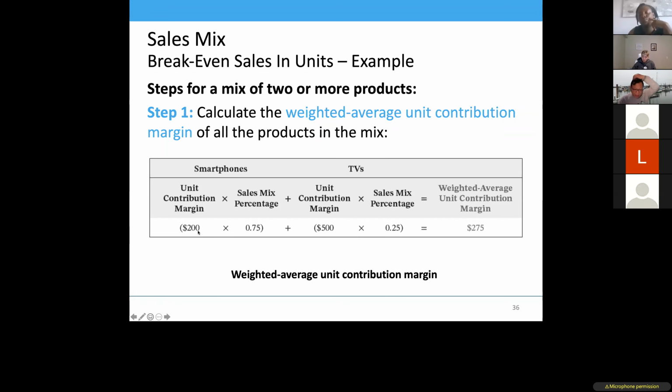So 200 is the contribution margin per unit for the smartphone, and its share of the sales mix is 75%: 200 times 0.75, plus 500 times 0.25. So your weighted average unit contribution margin is 275.